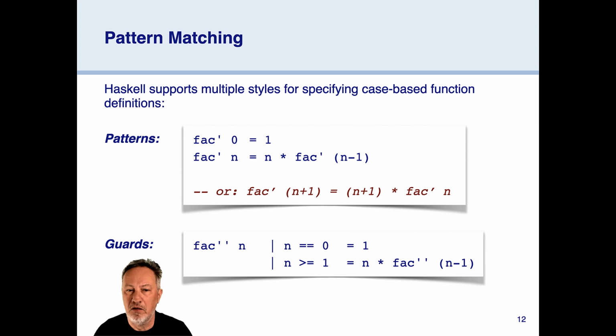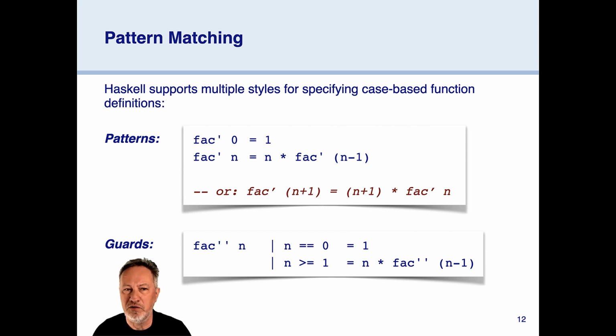So if the call to factorial prime matches the pattern factorial 0, then it evaluates to 1. Otherwise, it might match factorial prime n, where n is any other number, and then it will result in n times factorial prime of n minus 1. The pattern-based style is quite elegant and documents in a very explicit way what the various cases are.